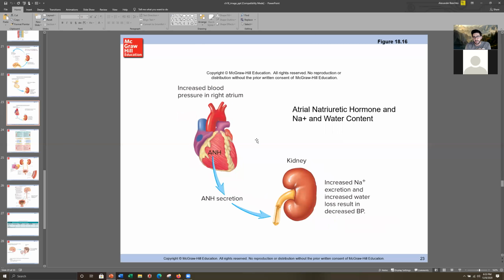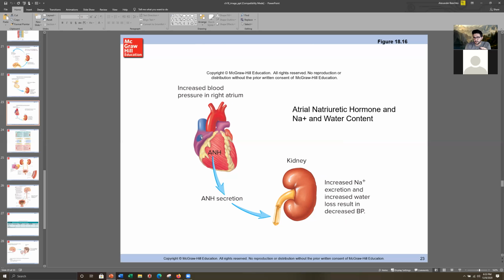And then finally, we have another kind of hormone that gets produced by the heart that has similar results to ADH. Atrial natriuretic hormone can control the permeability of sodium and water in response to blood pressure. So typically what happens is the initial stimulus is an increased blood pressure in the right atrium, okay?